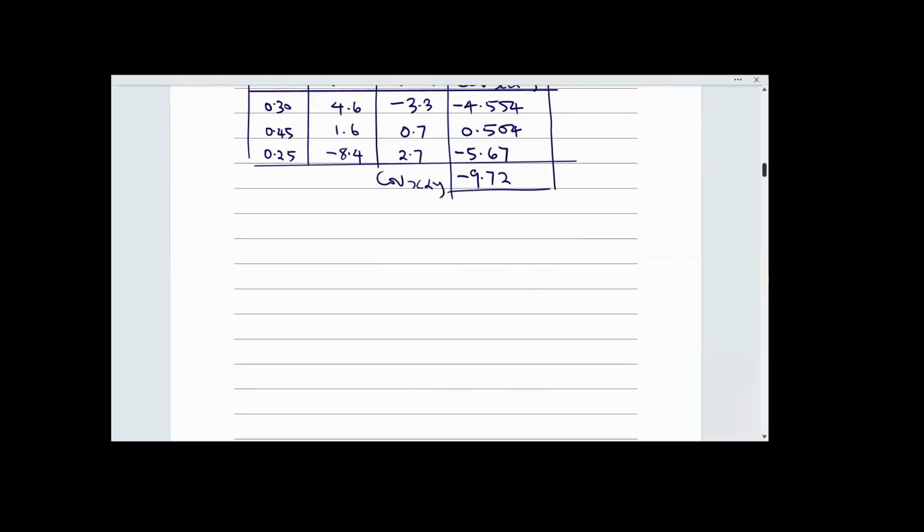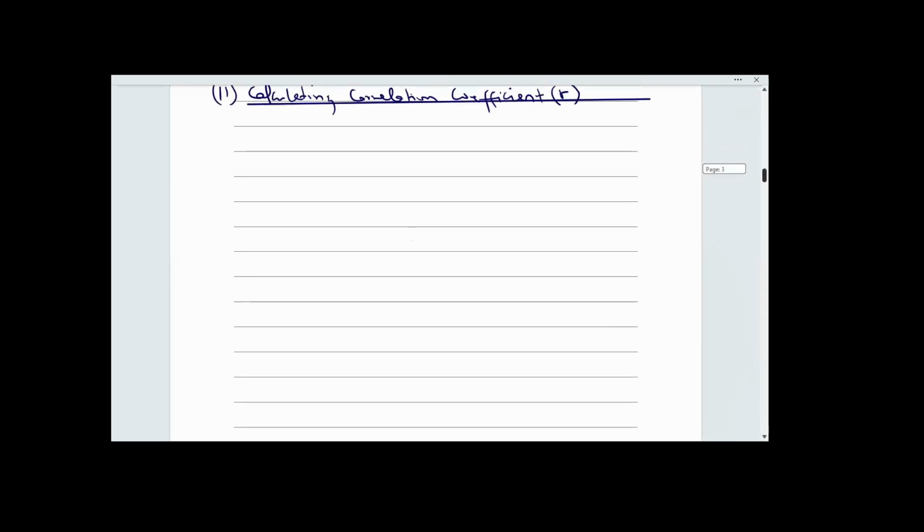Okay, so B Roman figure 2, calculating the correlation coefficient. Whether the examiner asks you or not, you have to do this. I told you last week that when the probabilities of the securities are different, it means that there is no relationship between the securities. But if you are given the same probability, it means that there is a relationship. In that case, you need to compute the correlation coefficient.